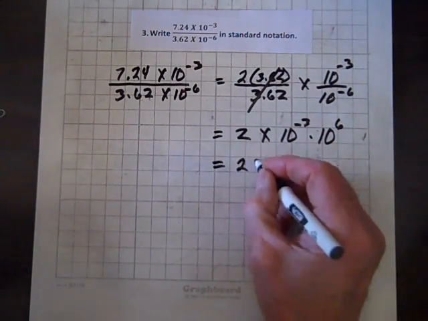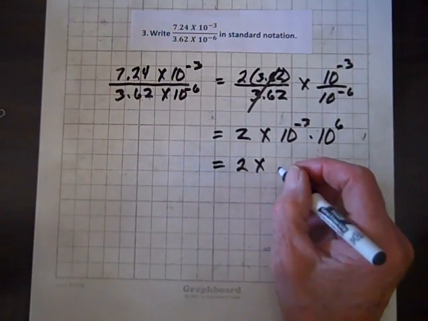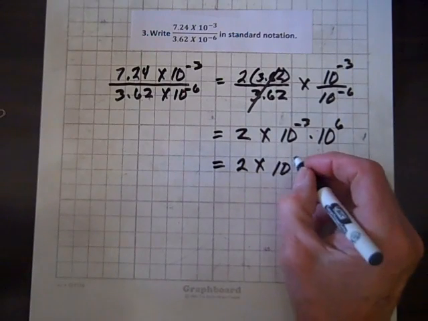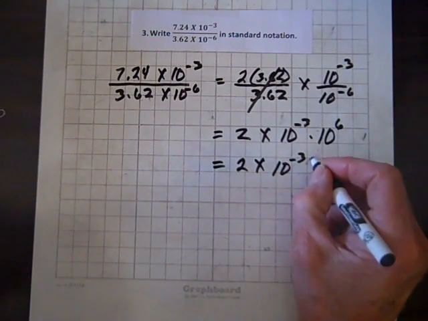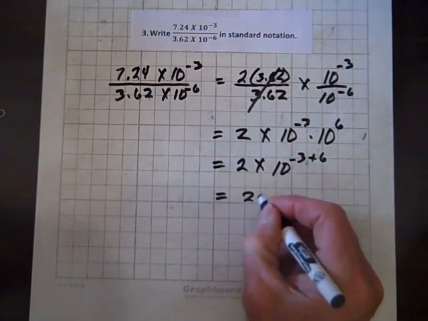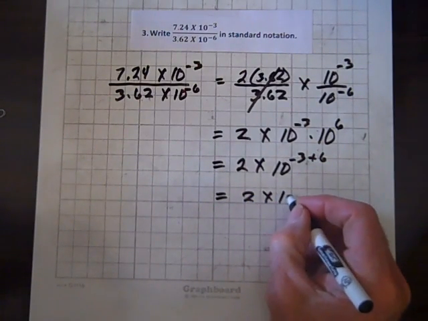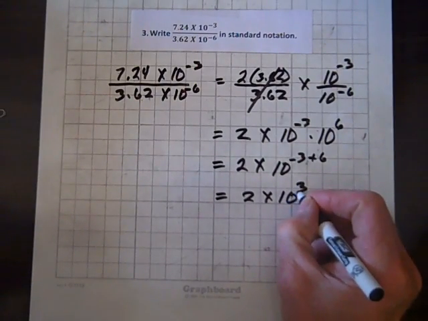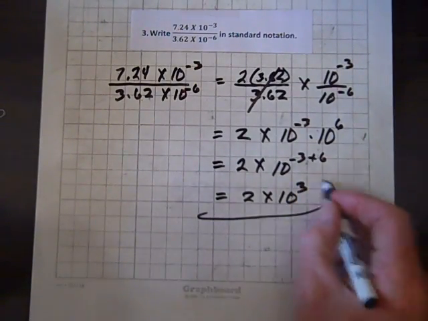So that's 2 times 10 to the negative 3 plus 6, which equals 2 times 10 to the third. And we are done.